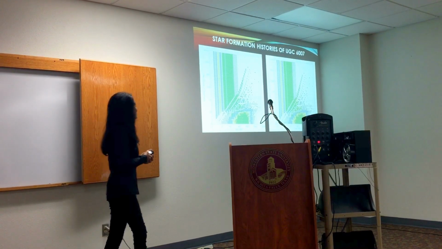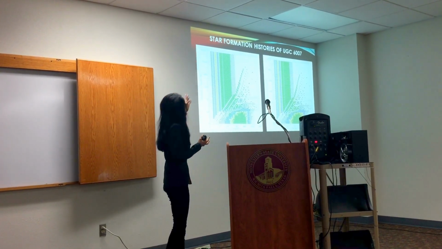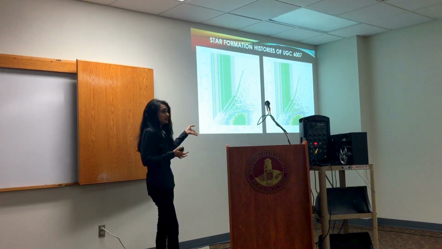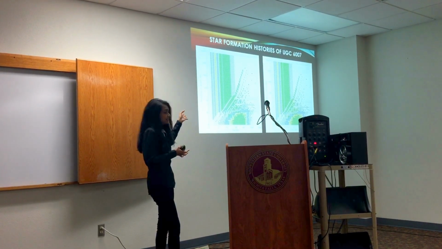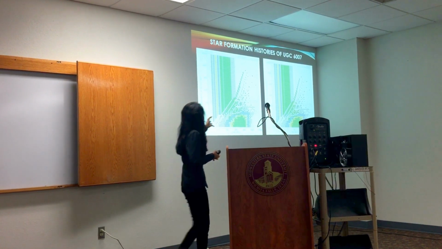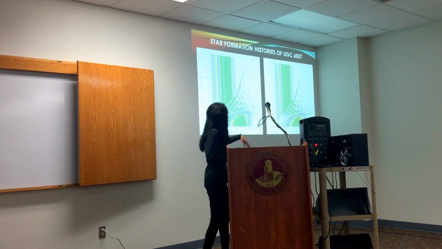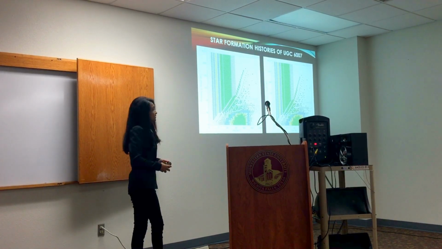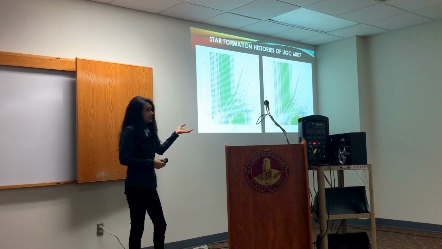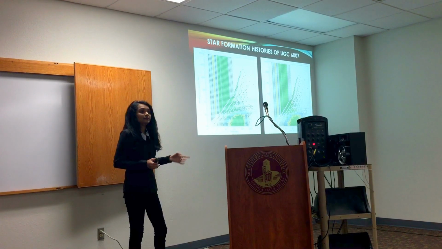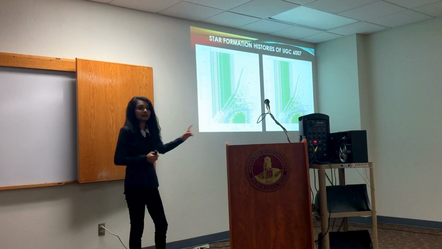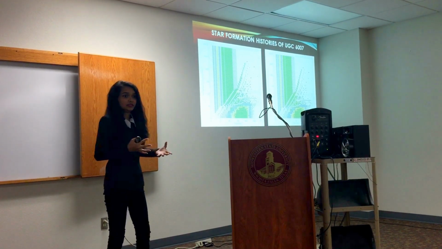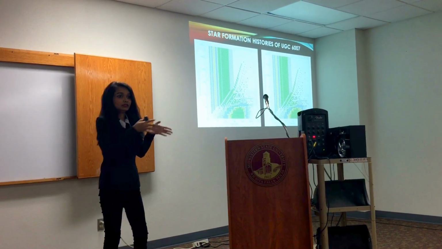Next, you see the first star formation history of UGC 6007 with its true metallicity value, and I'm comparing it to another plot of star formation history of the same galaxy. There's a difference in the second plot, because I allowed the metallicity to evolve over the years as opposed to keeping it constant.